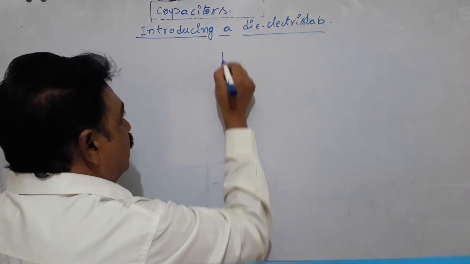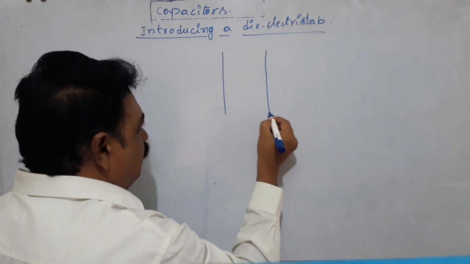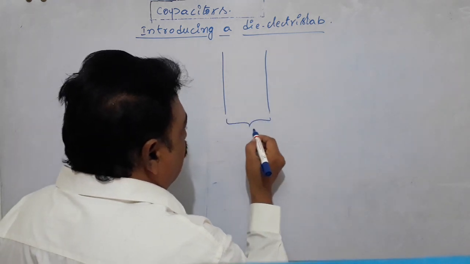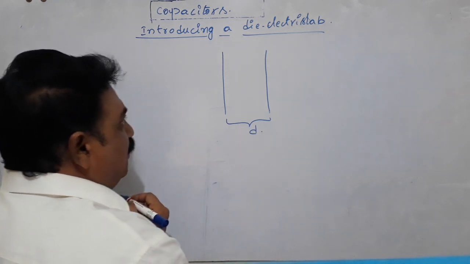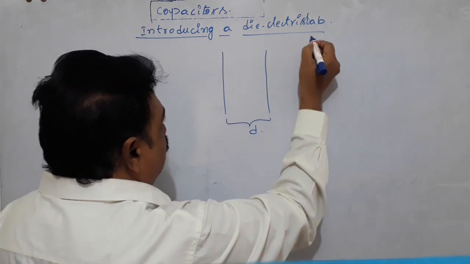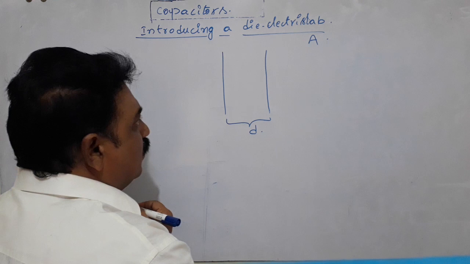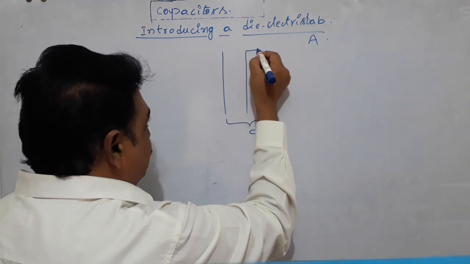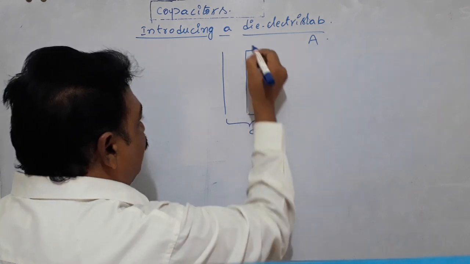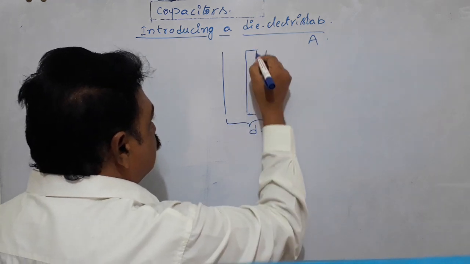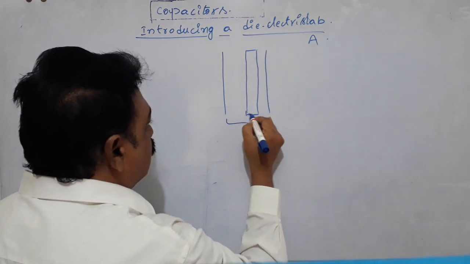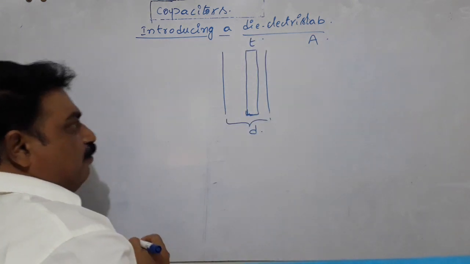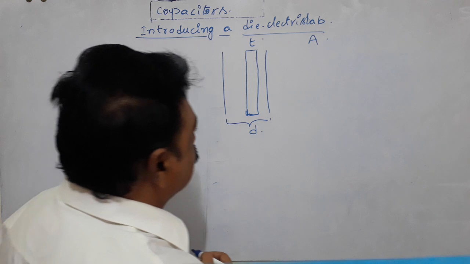See here, this is a capacitor. Distance between the capacitor plates is d. Area of each plate is A. Now I have introduced a dielectric slab of thickness t between the plates of the capacitor.